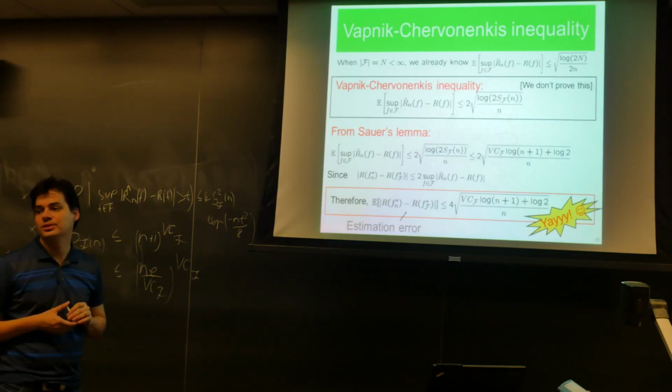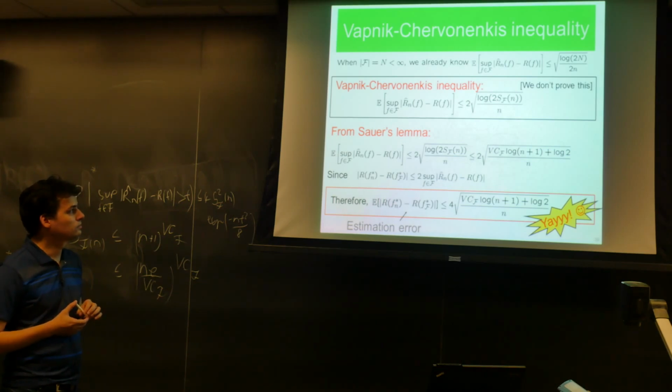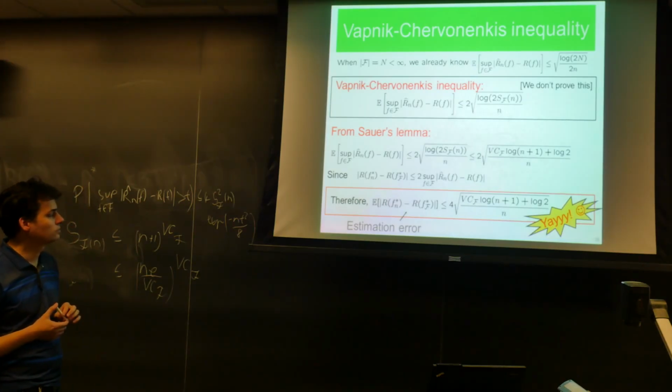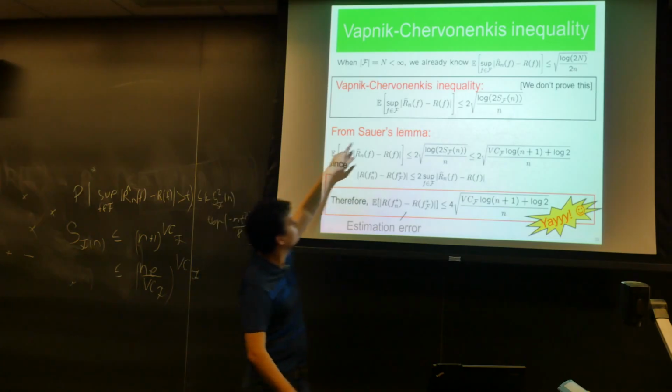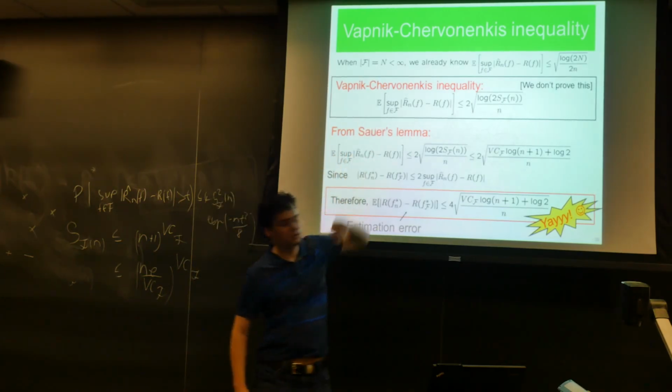So yeah, you could have an infinite set of functions, but if you see n points, you don't distinguish more than S_F(n). So my question is, which one is following from which in your argument? The VC inequality follows from the finite version.